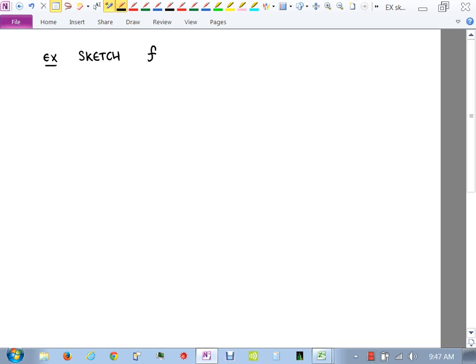The function f of x equals... I think we're just going to go right into the fire here. We're not even going to mess around. We're not going to take baby steps.